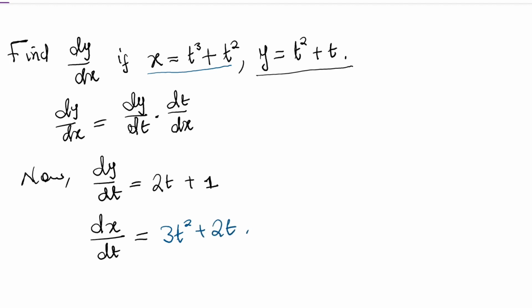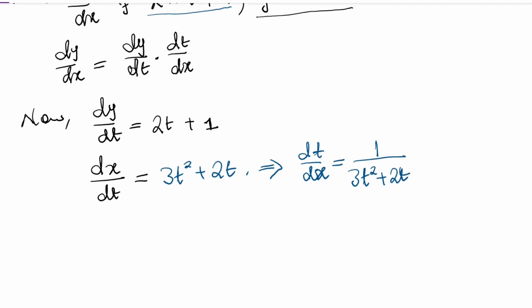Okay. Now, we're going to take the reciprocal of that, which is dt with respect to x, which is just 1 over 3t squared plus 2t. Okay, we're just taking the reciprocal of both sides.